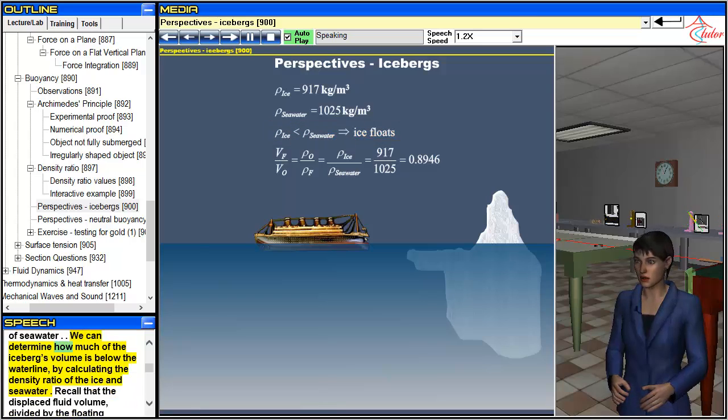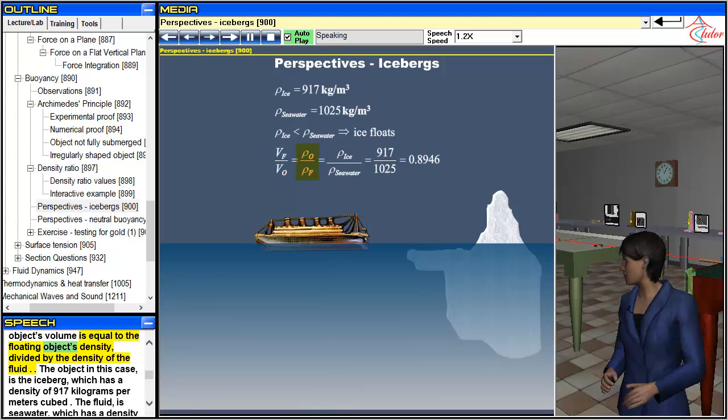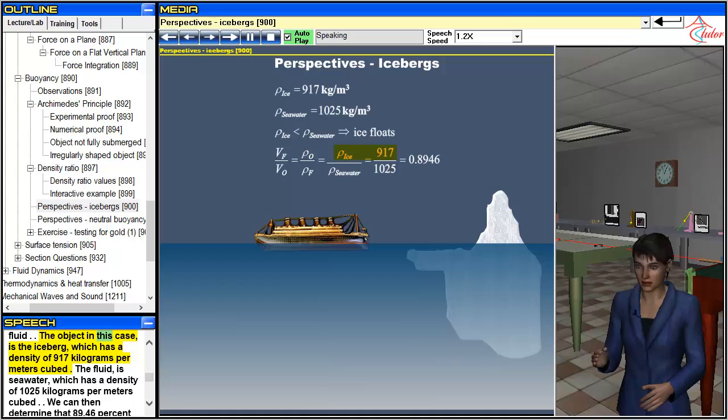We can determine how much of the iceberg's volume is below the waterline by calculating the density ratio of the ice and seawater. Recall that the displaced fluid volume, divided by the floating object's volume, is equal to the floating object's density, divided by the density of the fluid. The object in this case is the iceberg, which has a density of 917 kilograms per meter cubed.